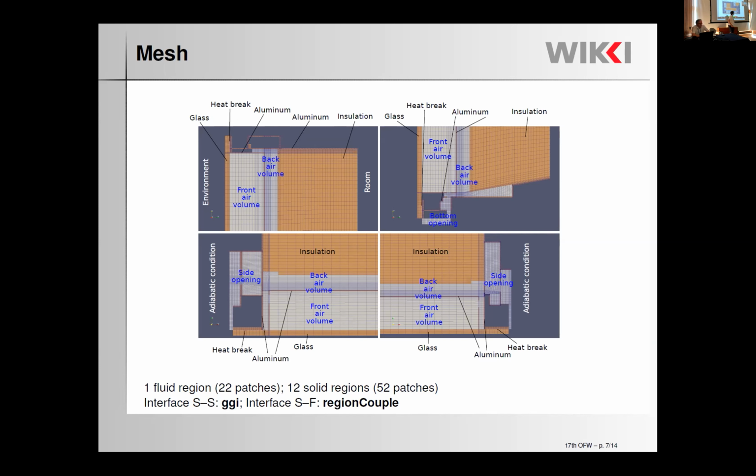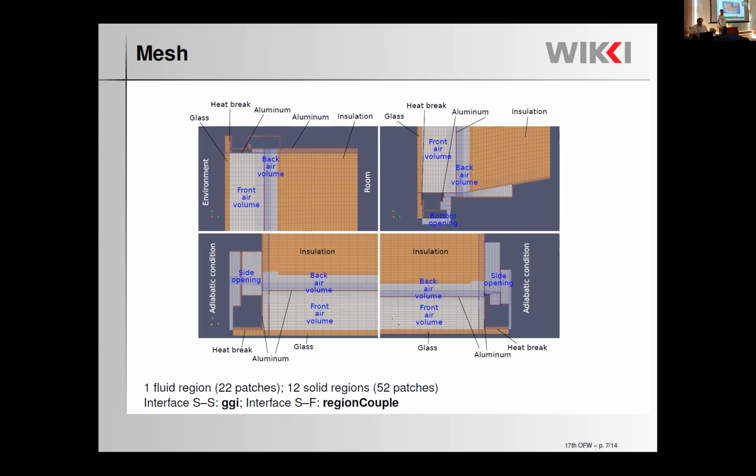These are the openings that allow the exchange of fluid between the front air volume, the back air volume, and the side air volumes, where the fluid is able to enter and escape the window shown here. And as you can see, here are the materials from which the parts are made.